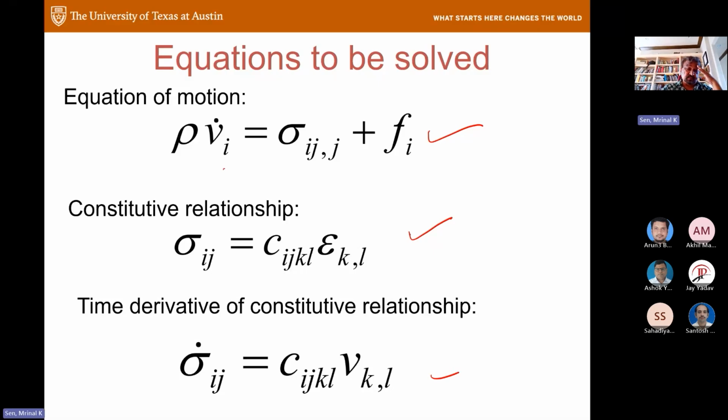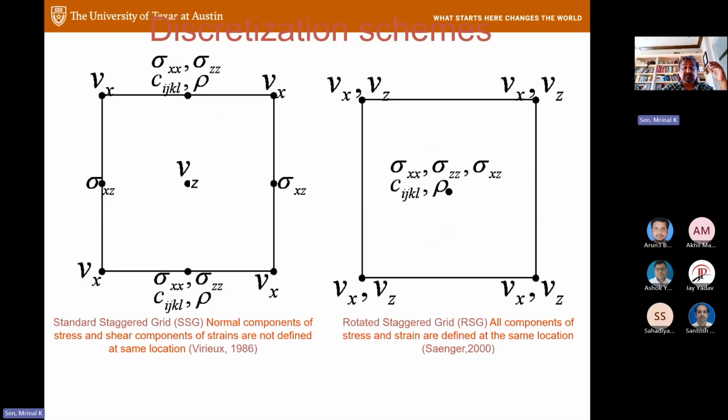One thing that we realized is that we're using staggered grid, but then the grids had to be rotated. We call it rotated staggered grid because of the symmetry conditions in finite difference in anisotropic media. So this is what the discretization looks like.